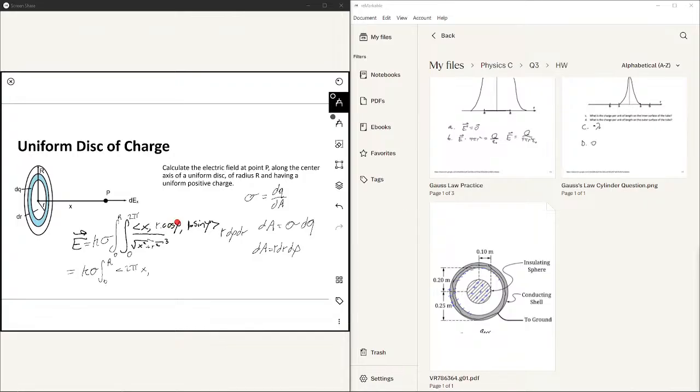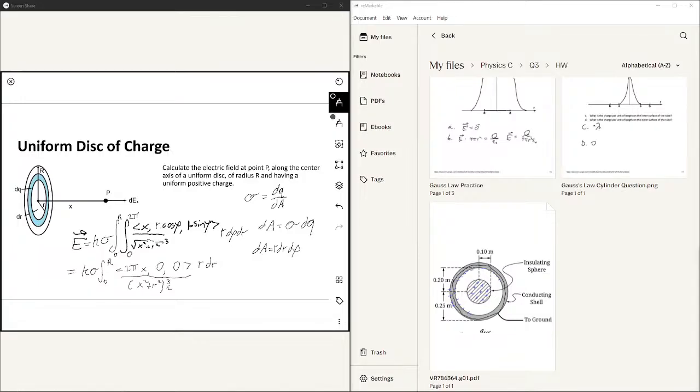But when we integrate cosine of phi with respect to phi from 0 to 2 pi, that's going to be equal to 0, 0, times r dr over x squared plus r squared to the 3/2. So this r dr is still here, but these two canceled out because the integral of cosine and sine with respect to phi from 0 to 2 pi is 0, and x d phi from 0 to 2 pi is just going to be equal to 2 pi x. So that's what we have left.